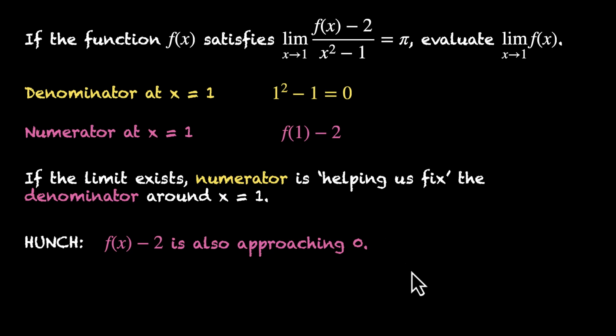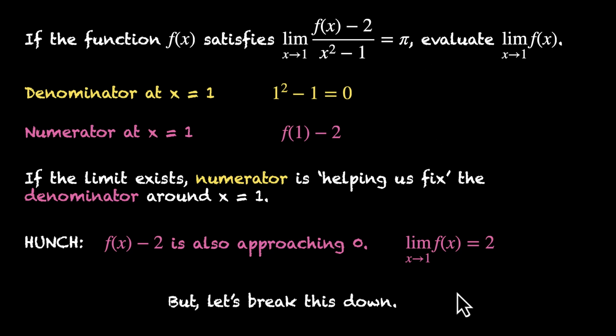So the hunch that I'm making here is the limit as x approaches 1 of f(x) is equal to 2, so f(x) minus 2 should approach 0. Now my guess is that whatever is making this 0 is also making the denominator 0, and both of them are getting cancelled, which is giving us this beautiful limit of pi.